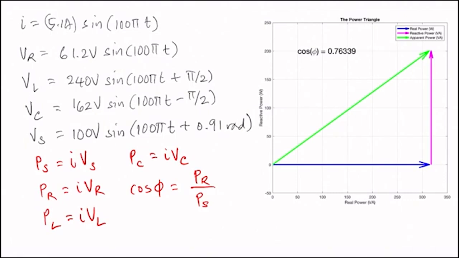By using MATLAB, I was able to draw this power triangle, where you should see the real component of the power shown as the blue phasor, the reactive power shown as the magenta phasor, and the apparent power shown as the green phasor. From there we were able to compute the power factor to be equal to 0.76.